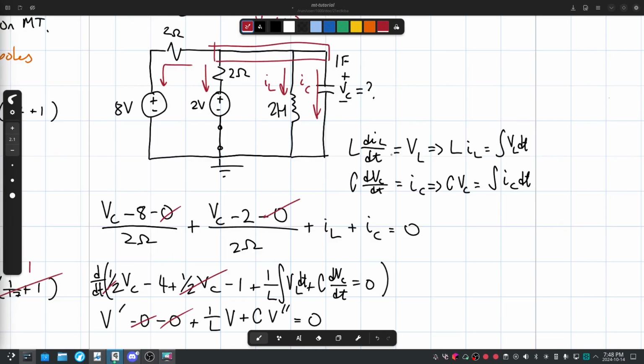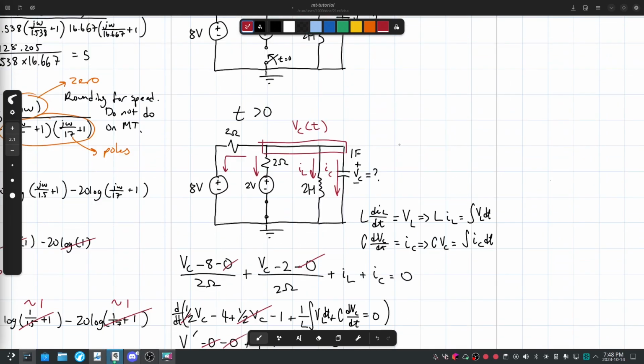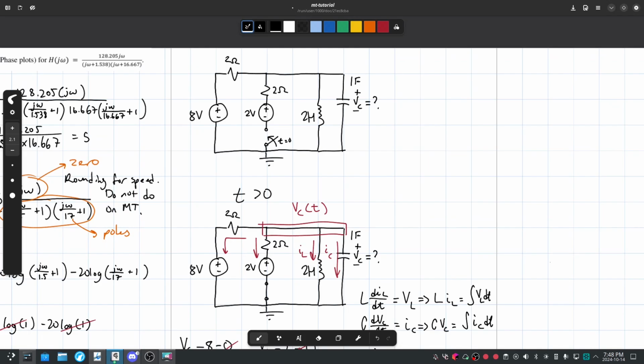Is anyone confused about how we got to this point? Well, let me just annotate here. So step 1: V is equal to question mark turns into Kirchhoff's current law, and I is equal to question mark is Kirchhoff's voltage law.